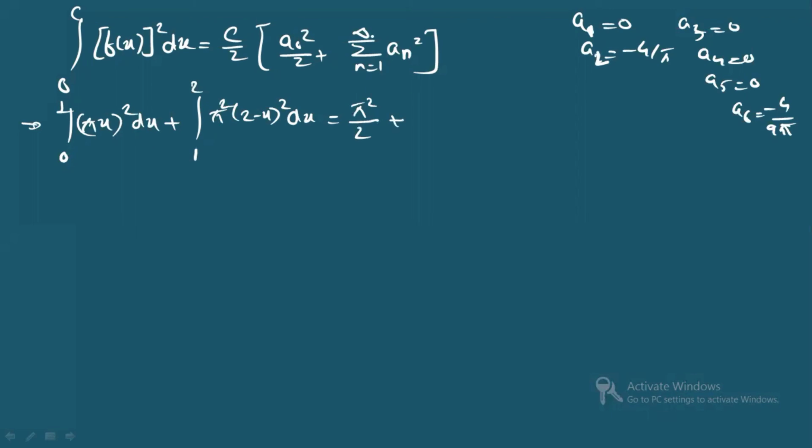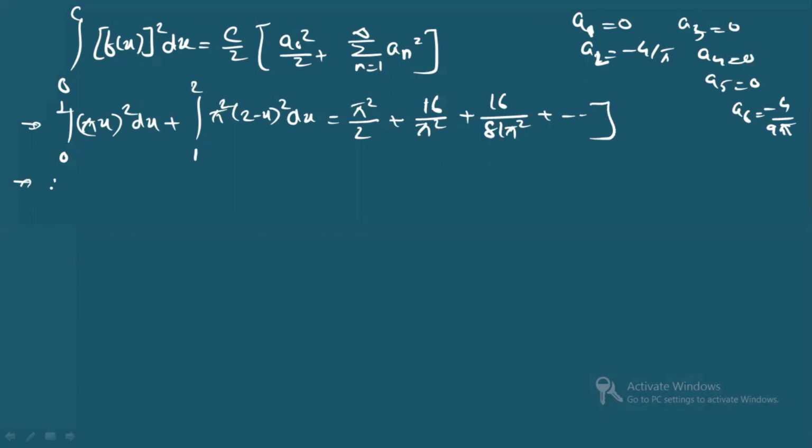Plus summation n equals 1 to infinity. So you will write a1 square, which is 0. A2 square means what? A2 is minus 4 by pi, so it is 16 by pi square. Rest all are 0. You will have this term A6, 16 by 81 pi square, and so on.